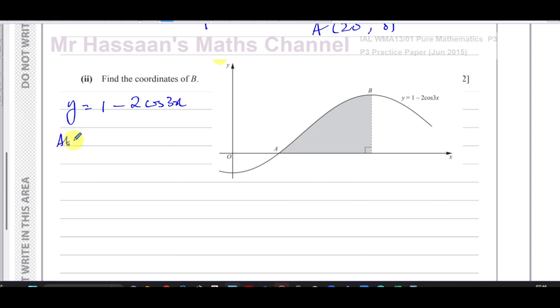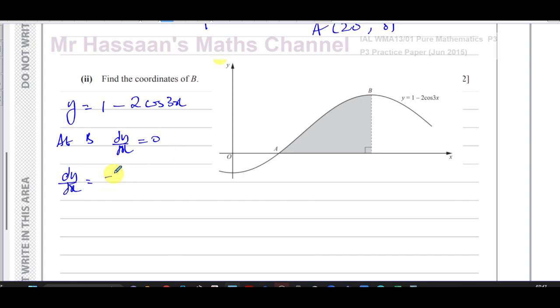So we can say at B, dy/dx is equal to 0 because it's a turning point. When we differentiate cosine of something, it becomes negative sine of the same thing.